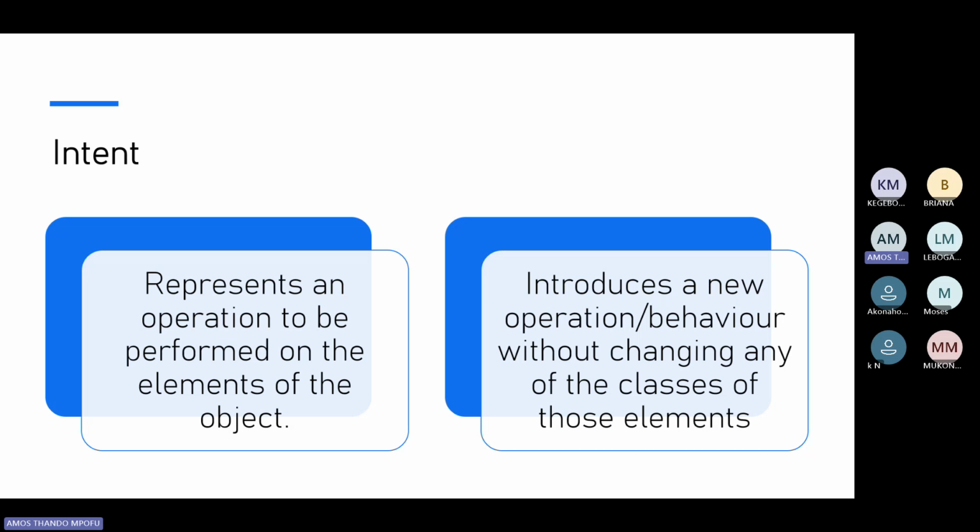That means you're not affected in any way. Those changes that are added don't affect the existing classes of those elements. You guys don't know mobile development, but to be honest, OOP is like the heart, the oxygen of everything in mobile development.